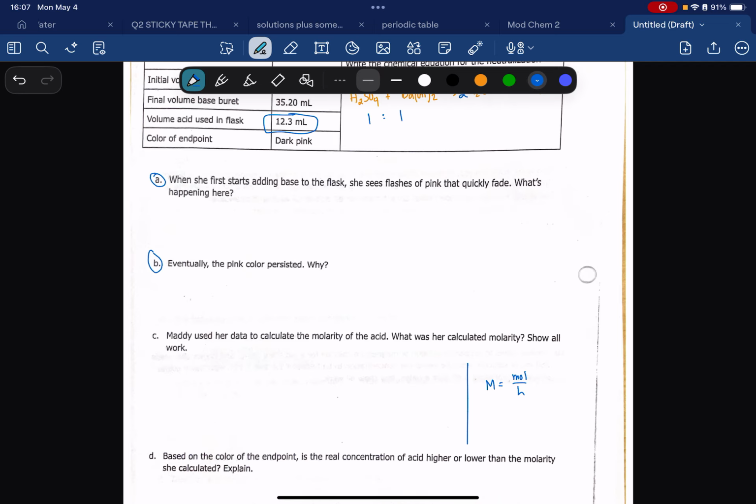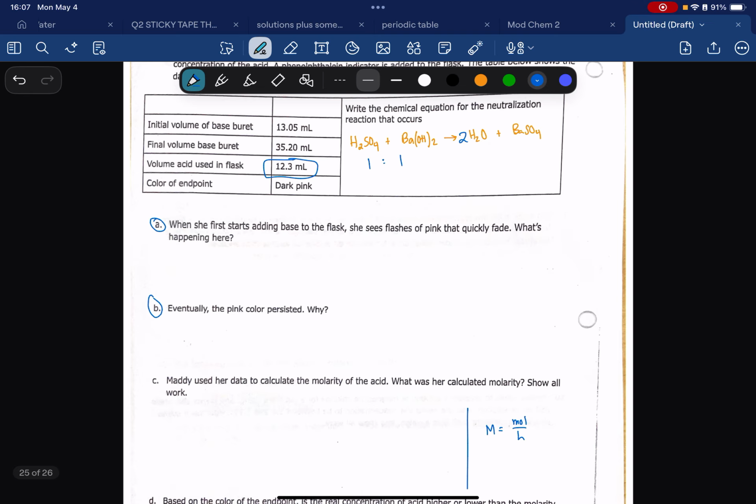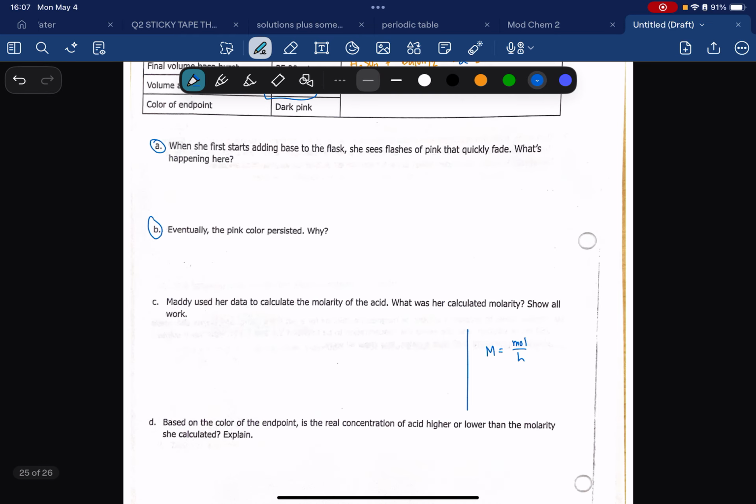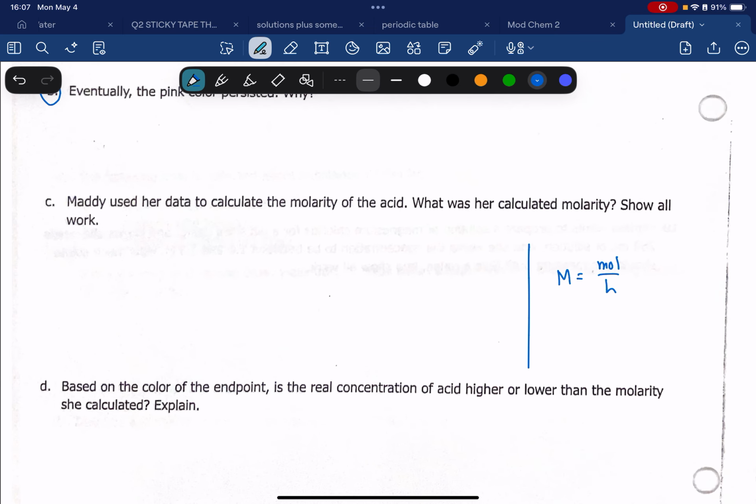Of course, that's how the titration works, right? We add base until all the acid has been neutralized, which is when the pink color is allowed to show. So we need to figure out how many moles of base we have first.